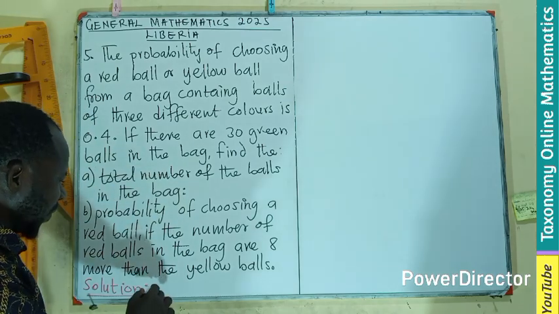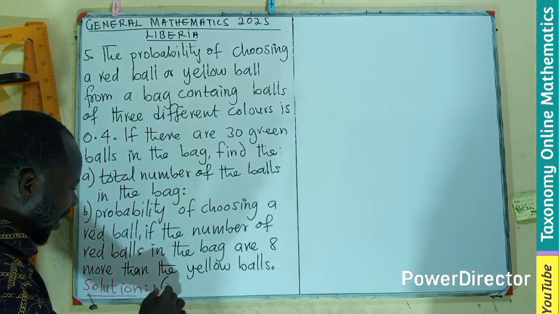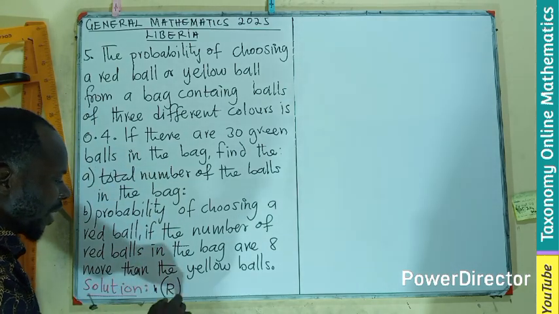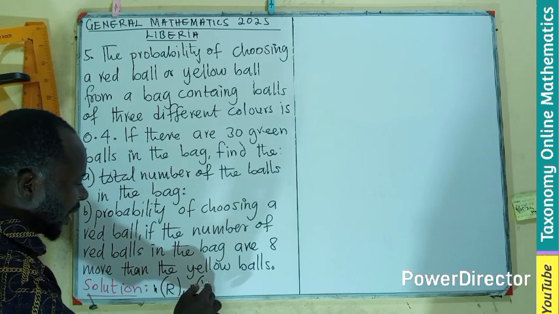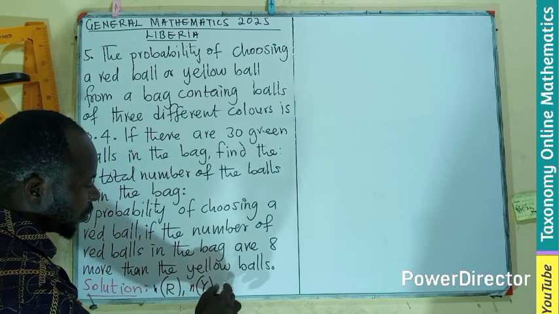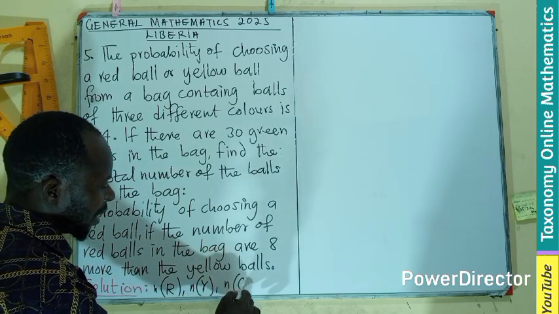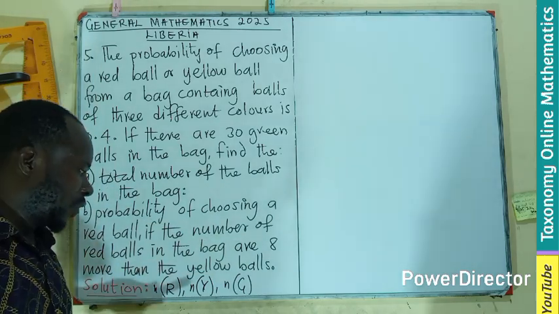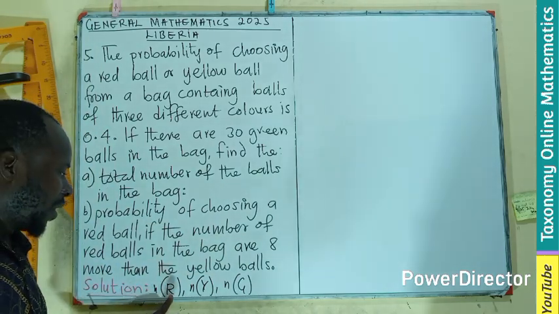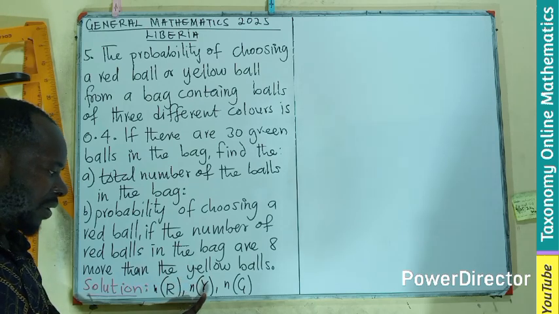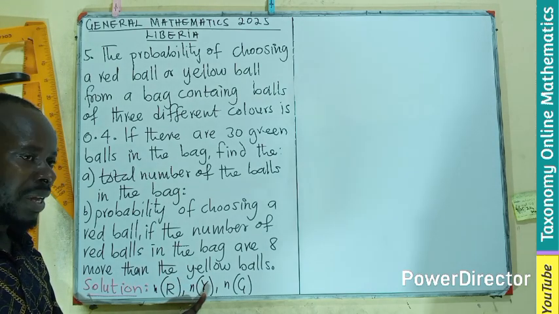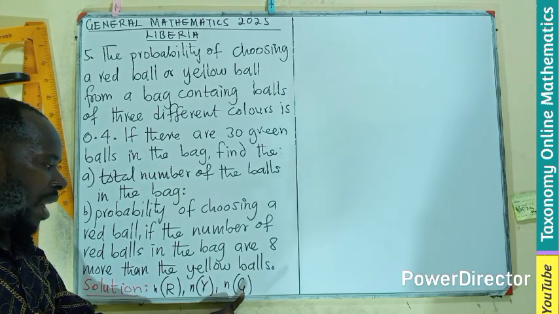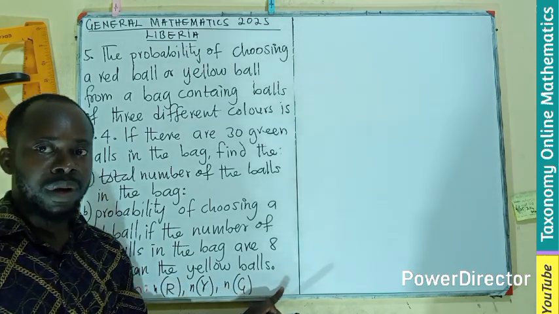So let's say these represent the number of red balls, these represent the number of yellow balls, and these the number of green balls. Then we can also say that the probability of this plus this is going to be 0.4, plus this, all equals 1.